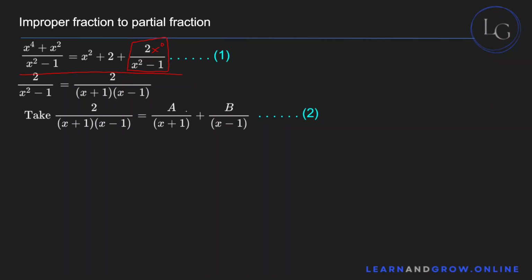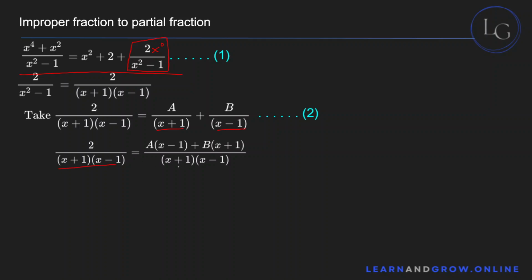And obviously you'll take the LCM of these two partial fractions. So a will be multiplied with this x minus 1 and b will be multiplied with this x plus 1. So you get this entire equation.